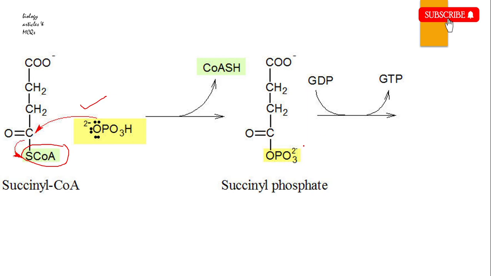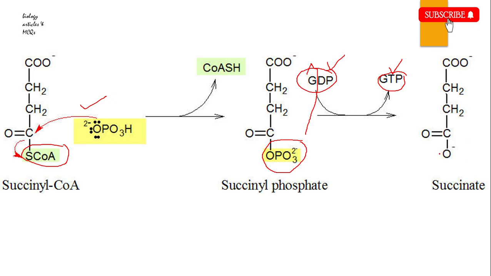Succinyl phosphate now will lose this phosphate molecule, and this phosphate will attach to GDP, guanine diphosphate, converting it into GTP. GDP has two phosphate molecules, and GTP has three. One is gained from the succinyl phosphate, and the final product is succinate. There is no phosphate in the succinate, and succinate is also a 4-carbon compound.